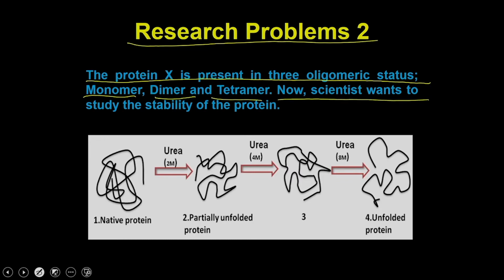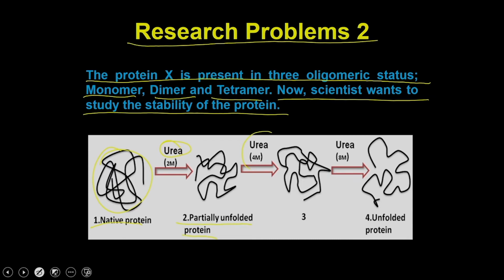Now, scientists want to study the stability of the protein. You know that the native protein is folded; it forms compact structures. When you expose it to denaturing agents, it initially becomes a partially unfolded protein.